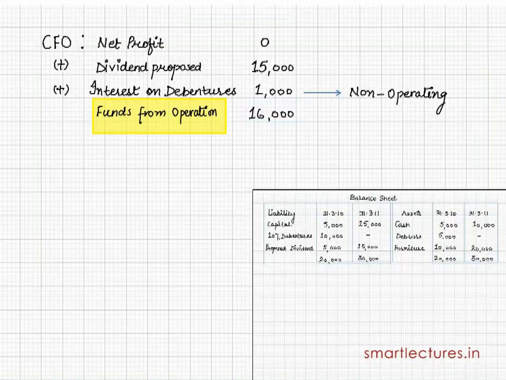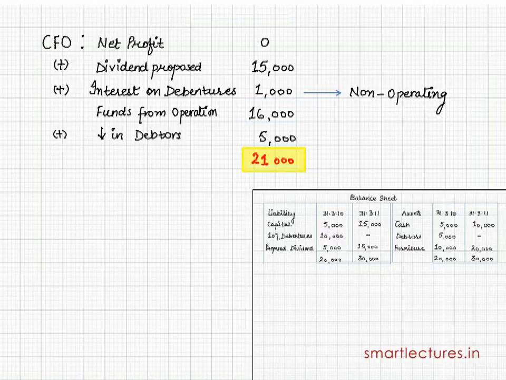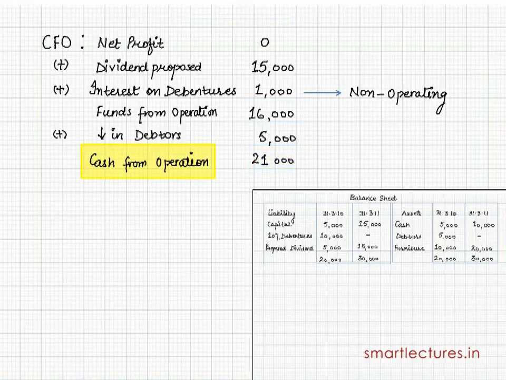You know, whenever the values decrease, it is added to the net profit. I have already explained you this thing, why it's happening. So what will happen? Add 5,000 to 16,000. That will be 21,000 rupees. So you will write down decrease in debtors, rupees 5,000. So cash from operation is 21,000 rupees.